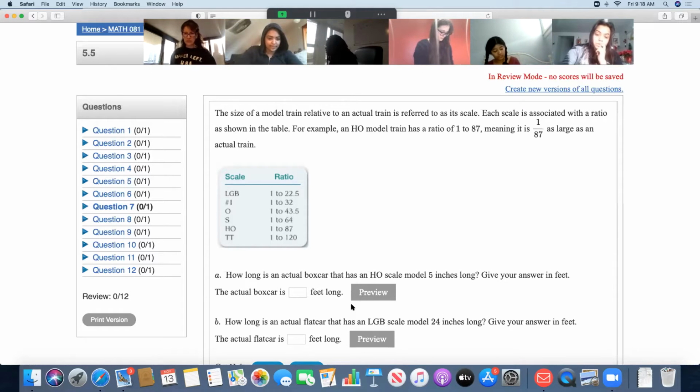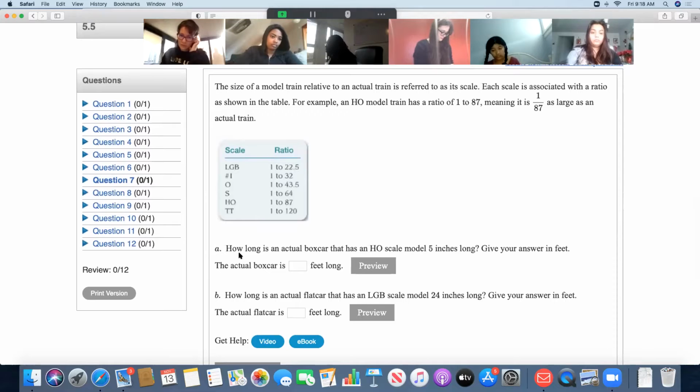And they just show that they're different trains, and so that's fine. How long is the actual box car, which is HO scale, if the model is 5 inches?